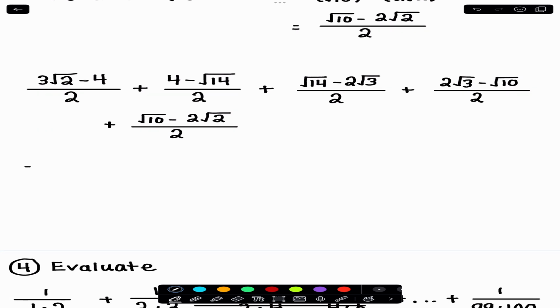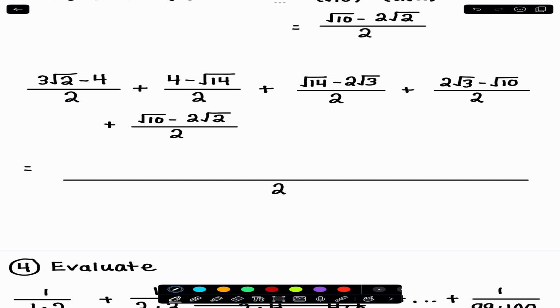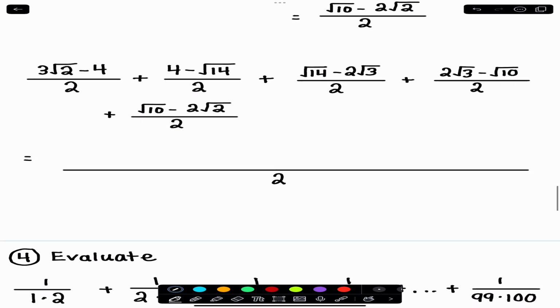Now, because they have the same denominators, they're all over 2, this can be combined into one giant fraction over 2. And then we just write out what we see in the numerator.